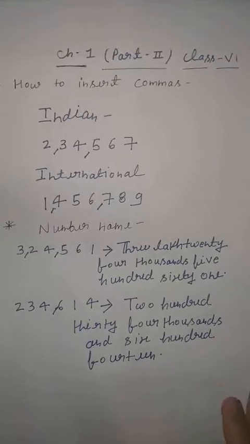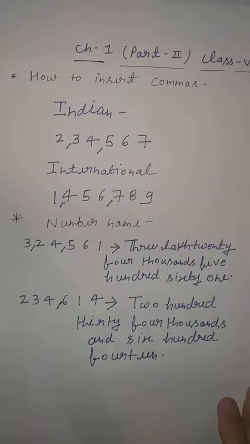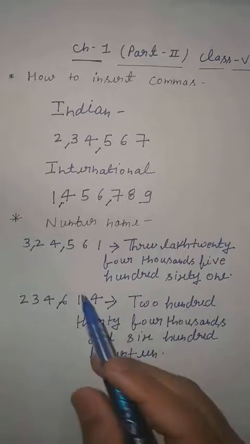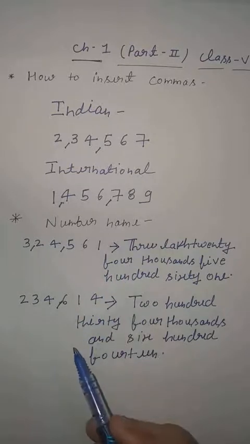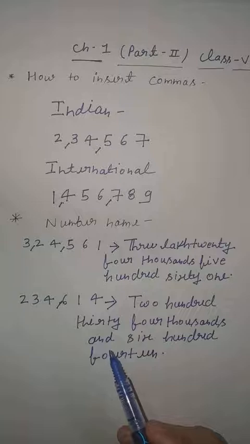So I think now you are able to write down the number name according to the Indian place value chart, and also according to the international place value chart.